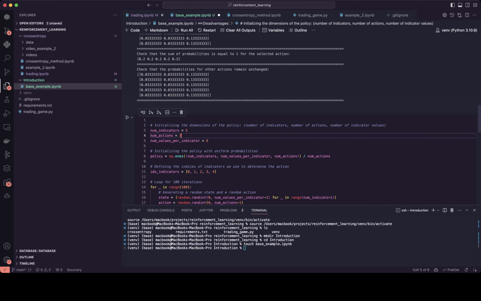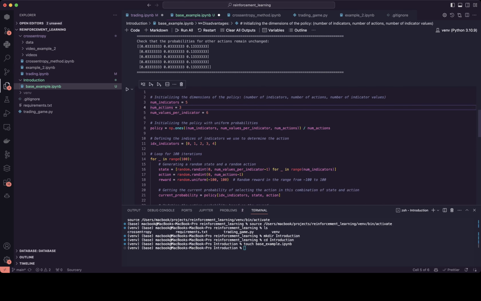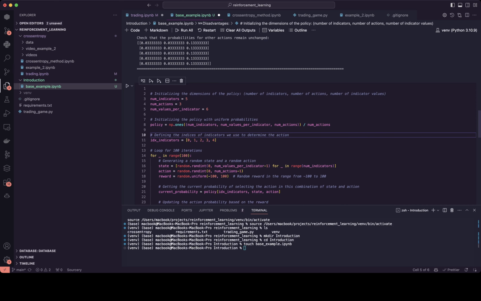So let's do the same. We do some initialization of values, and in the future we're going to create this data inside an environment. Then we create the policy with the same probability, 3D actions with the same probability.